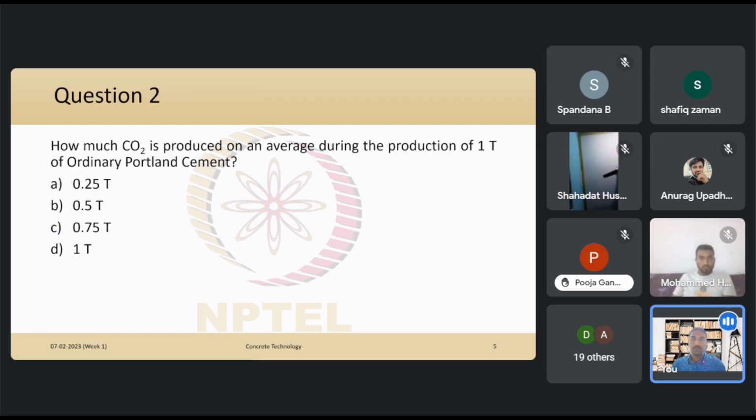Okay, we'll move on to question number 2. How much CO2 is produced on an average during the production of 1 ton of ordinary Portland cement? The options are 0.25 tons, 0.5 tons, 0.75 tons, and 1 ton.